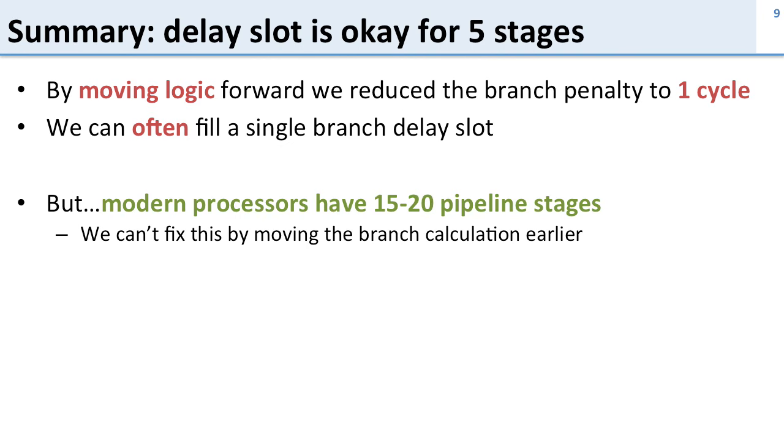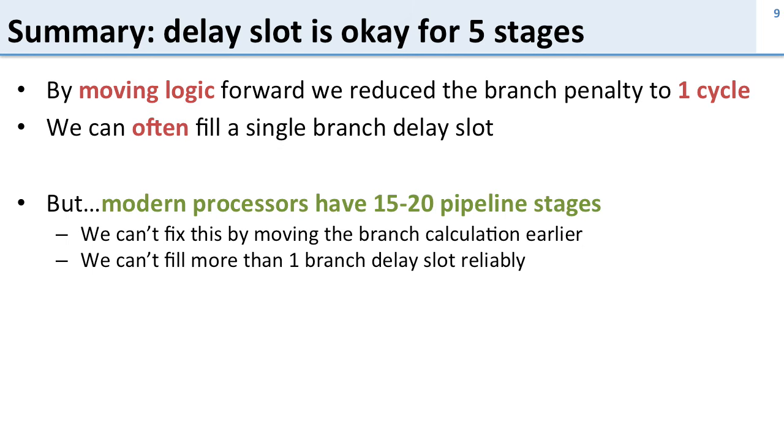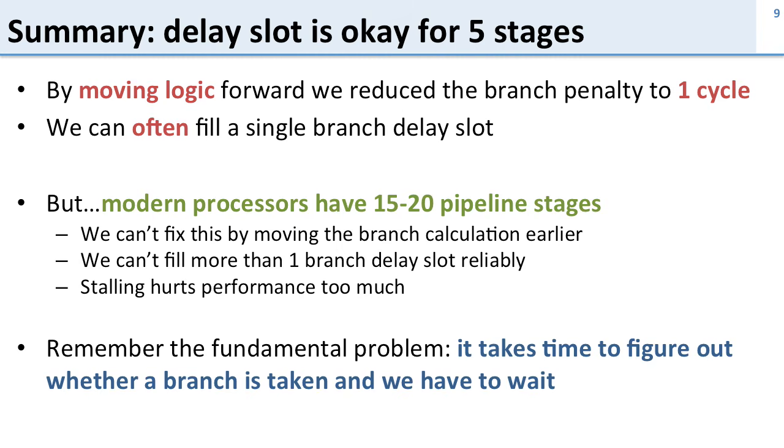And in this case, we can't fix them by just moving the branch calculations earlier, and we can't fill more than 1 branch delay slot reliably. It's hard enough to find an instruction for every branch to use. If we have a much longer pipeline, we may need to find 10 or 12 instructions for every branch, and that just isn't possible. And obviously we can't stall, because if stalling in our 5-stage pipeline hurt us a lot, stalling in a much longer pipeline is going to hurt a lot more.